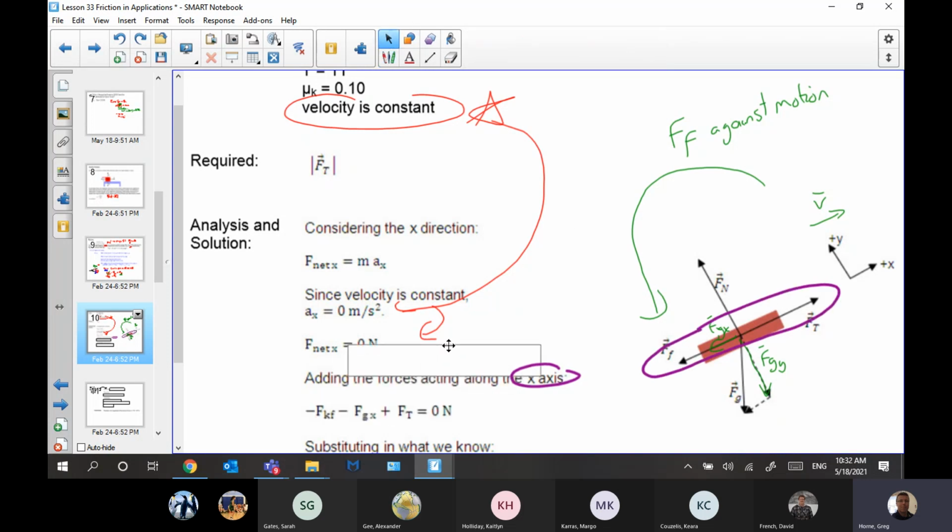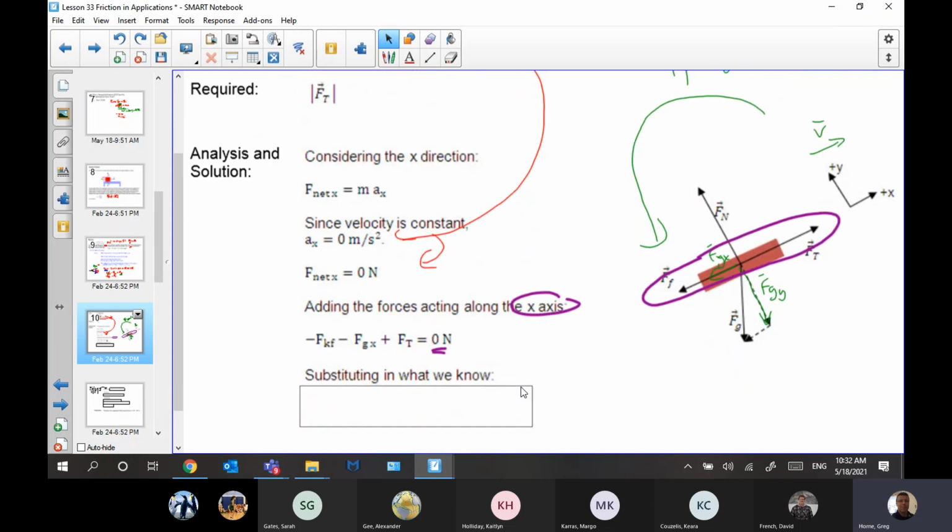Let's see what we got, right? So first of all, we know that it's 0. That's because it's all constant motion stuff. If you were given a mass and given an acceleration, maybe you'd know ma as a number, right? So this is 0, or could be ma, some number if there was an acceleration.